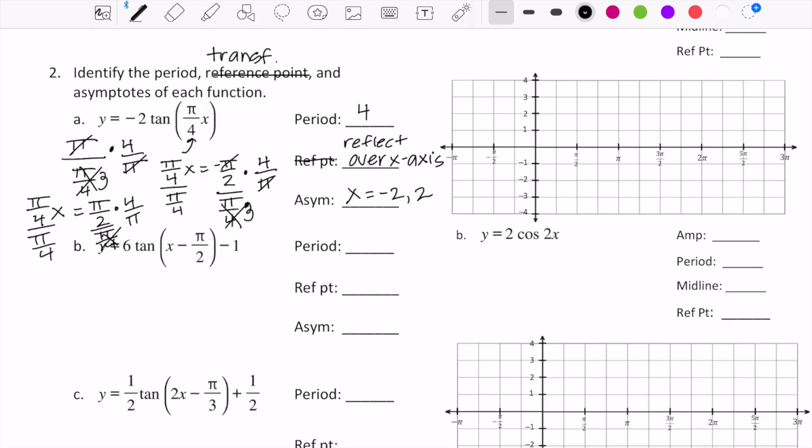Okay, for this one, the period is going to be pi divided by the number before x, which is just 1. So this one's just pi. We are going to see that this is going to go right pi over 2 because of whatever's in the parentheses, and then it's going to go down 1. However, we don't really have to know the horizontal transformation, because when we set up the equation for the asymptotes, it's taken care of.